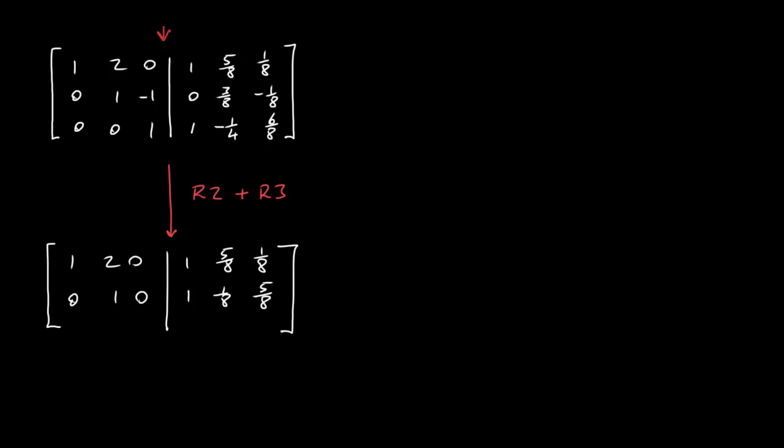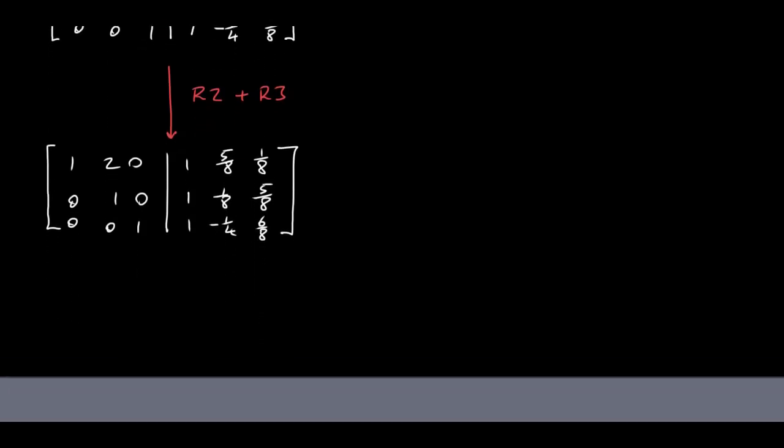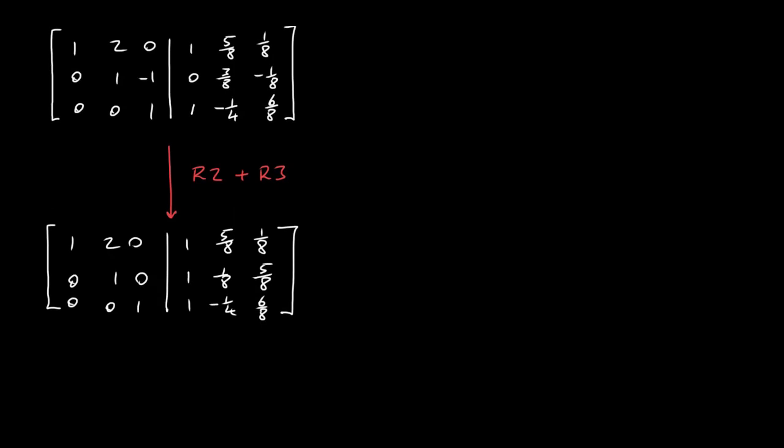And then the bottom line should remain the same, 0, 0, 1, 1, minus a quarter, and 6 eighths. Okay, we're just running out of room here, so I'm going to come over this way. And this time what I'm going to do is take row 1, and I'm going to subtract twice row 2. And that should finish it off for me, I think.